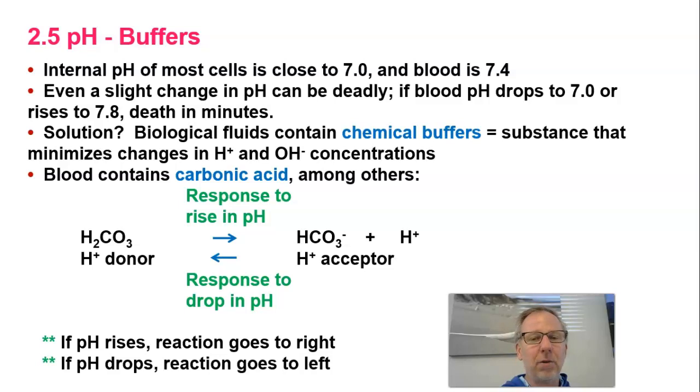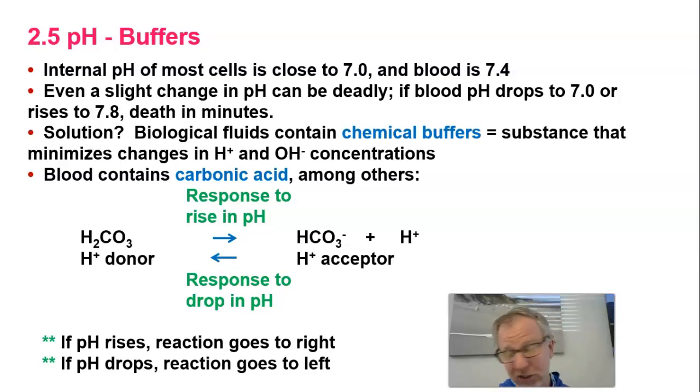The reaction would move to the left. You would take some of the bicarbonate ions and the hydrogen ions and bond them together and make carbonic acid. That would remove hydrogen ions and counteract the pH drop.